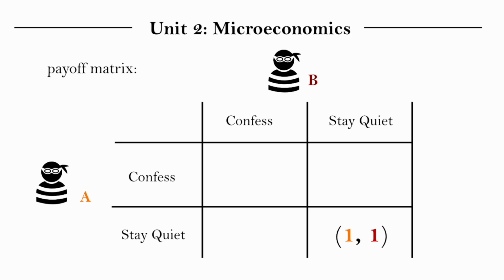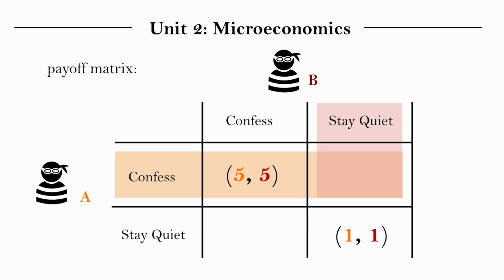If they both confess to the crime, they're both convicted and get a 5-year sentence each. Now the situation we need to model is, what if person A confesses, but B chooses to stay quiet? In this case, A is rewarded for cooperating and walks away free.